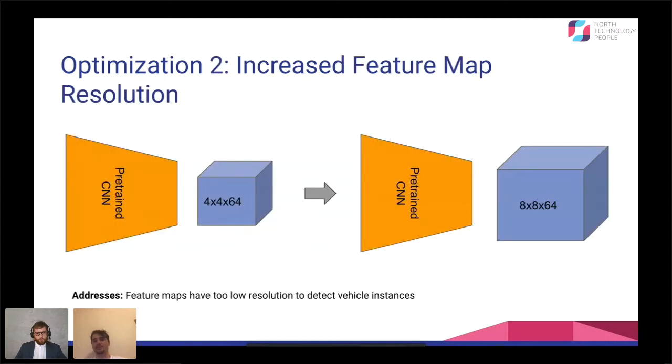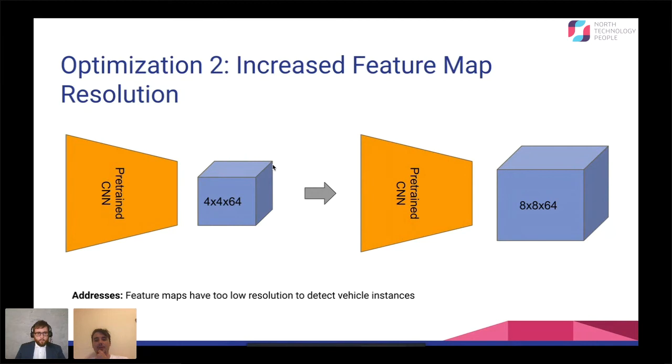The second optimization along the same vein is to increase the feature map resolution. Like I said, we use convolutional neural networks to process an image and get its feature representation. That feature representation usually has a lower spatial resolution, but more channels.